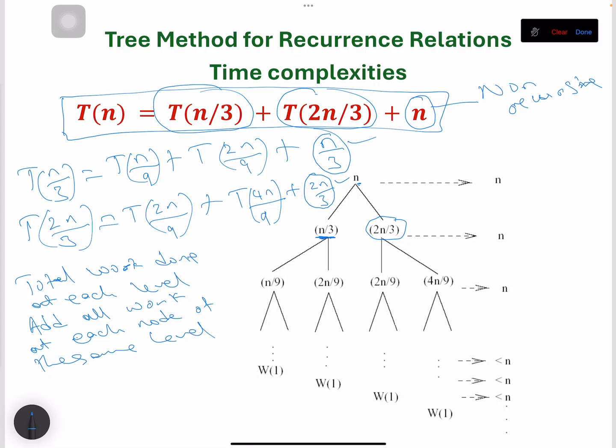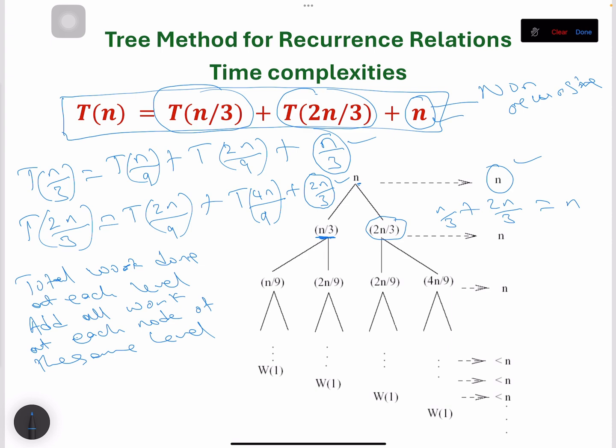Okay, so now I'm going to add at this level. Now I'm going to say n over 3 plus 2n over 3. This is going to give me n. Remember, the first one gave me n, right? So we got this from the actual series.